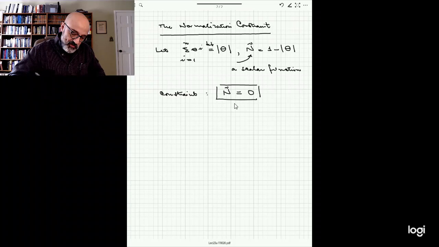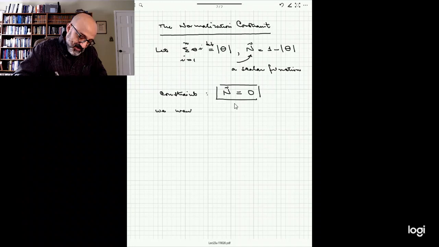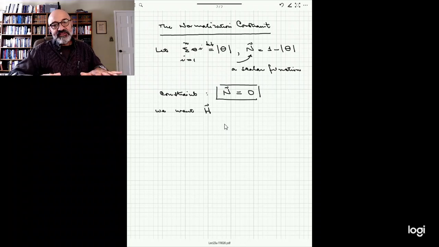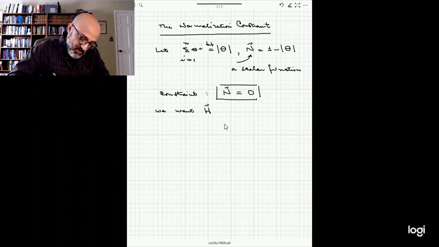So what we want here to establish is Hamiltonian flows on this cotangent bundle. We want Hamiltonian flows that preserve this condition.